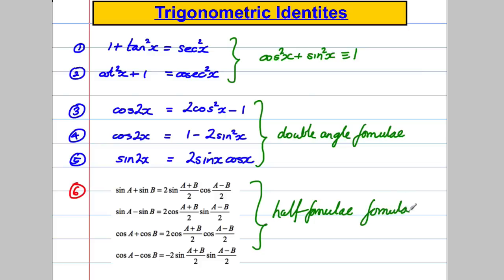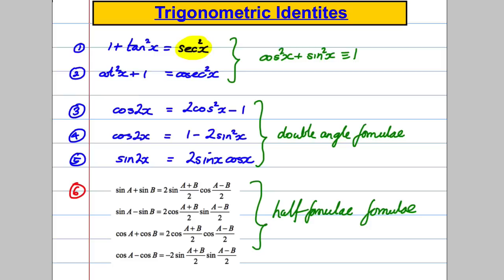So what we're going to do, let's just think about what this might be about. What do I know here to integrate? Well, I know how to integrate sec squared. Because I know tan differentiates to sec squared, I know that sec squared integrates to tan.